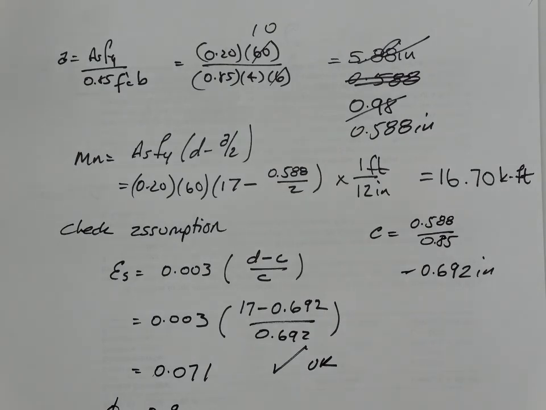Just in case you think it doesn't happen, I did it once and I got 5.88, and I said, well, that's wrong. Then I did it again and got 0.588, but now I had two answers. So I did it a third time, and I got 0.98. You can see how I was clever. I'm going to take the 10 and the 6 out, so that the 60 divided by 6 is 10, to make it an easier calculation.